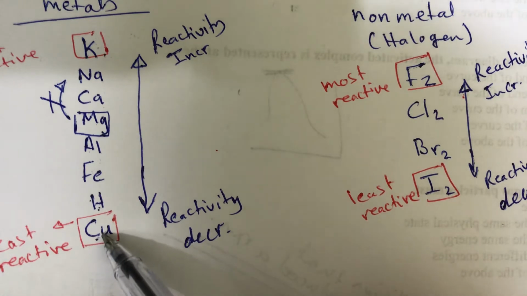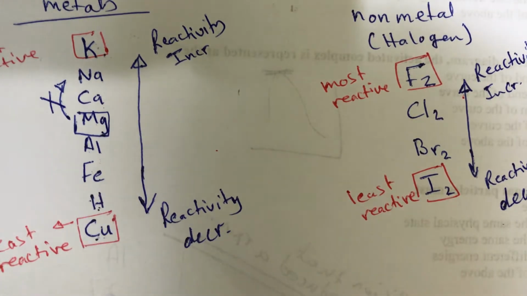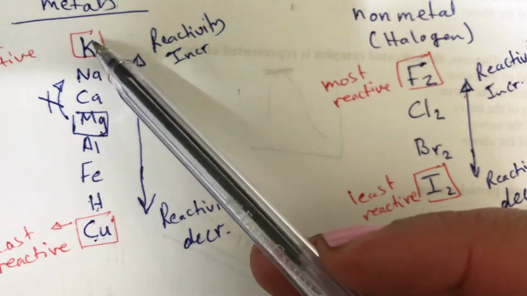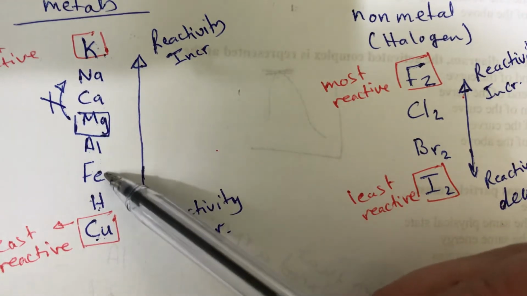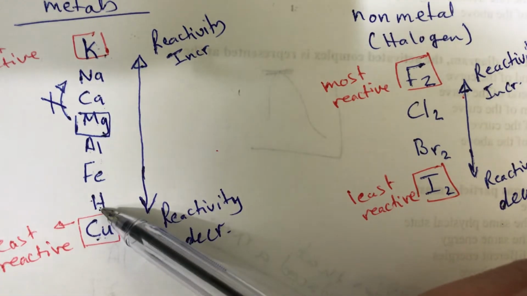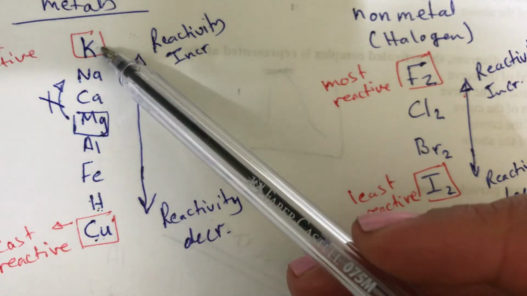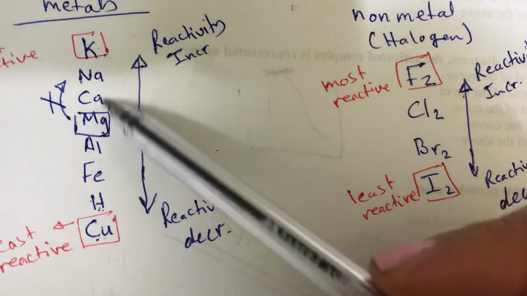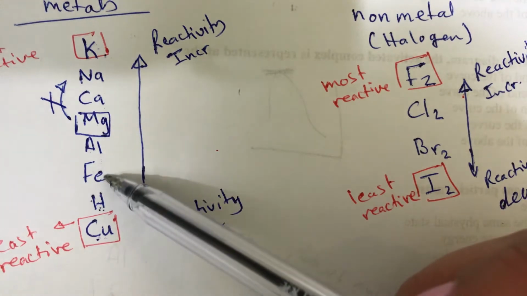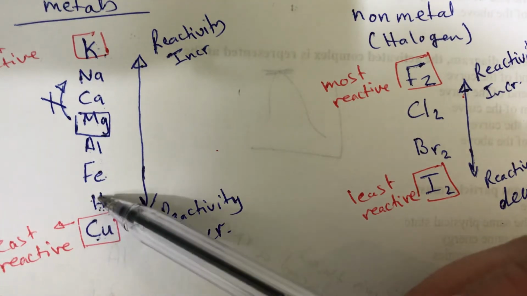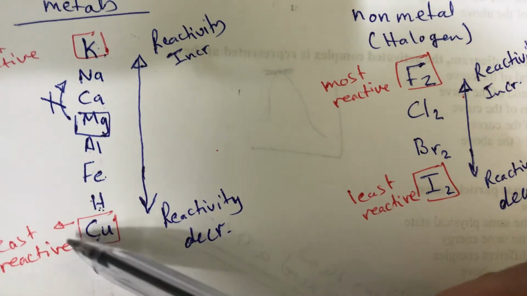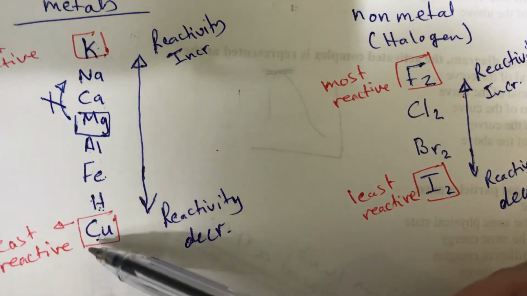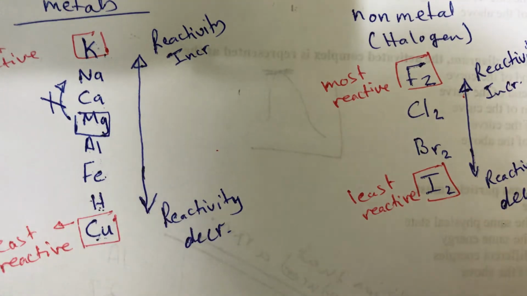So copper can't react with water or with hydrochloric acid. But potassium, sodium, calcium, magnesium, aluminum, iron can replace hydrogen from acid. So these elements can react with acids, but copper can't react with acid. Why? Because the reactivity of copper is less than hydrogen, so it can't replace hydrogen.